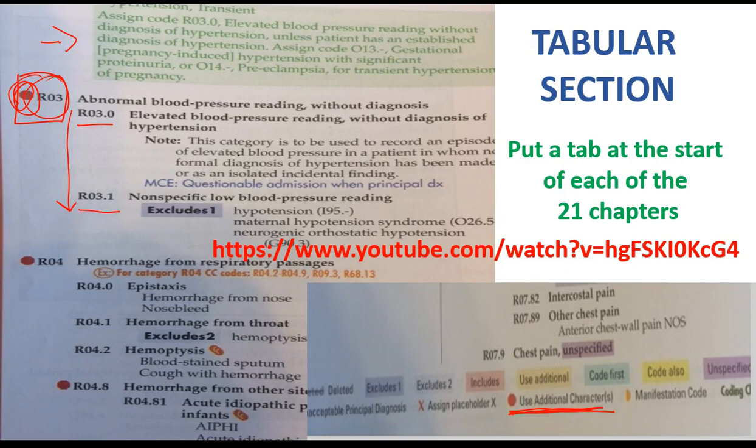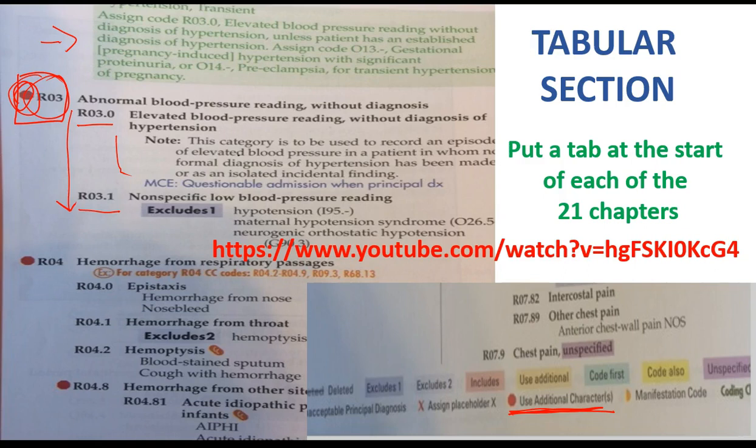This is where you're going to find your excludes notes for diagnoses that are going to be excluded from that. But for R03.0, we don't have any excludes notes. And R03.0 fits our coding scenario. So we're going to code that for R03.0.